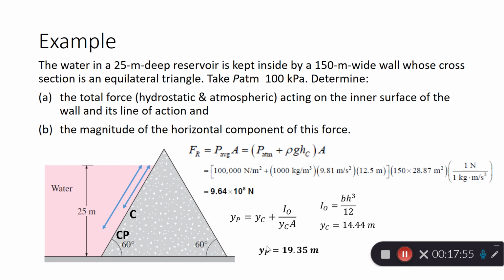Now for part B, what is the magnitude of the horizontal component of this force? So FR is here. This is the resultant force. So what is the magnitude of the horizontal component of this force? That should be very simple.